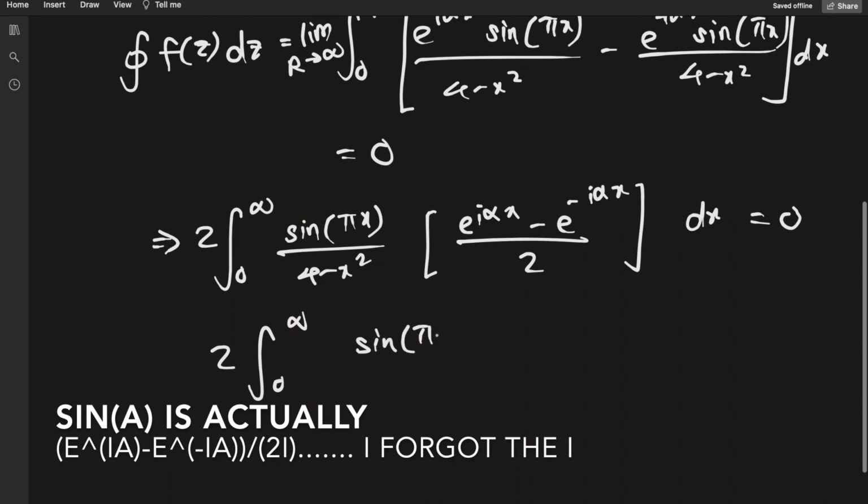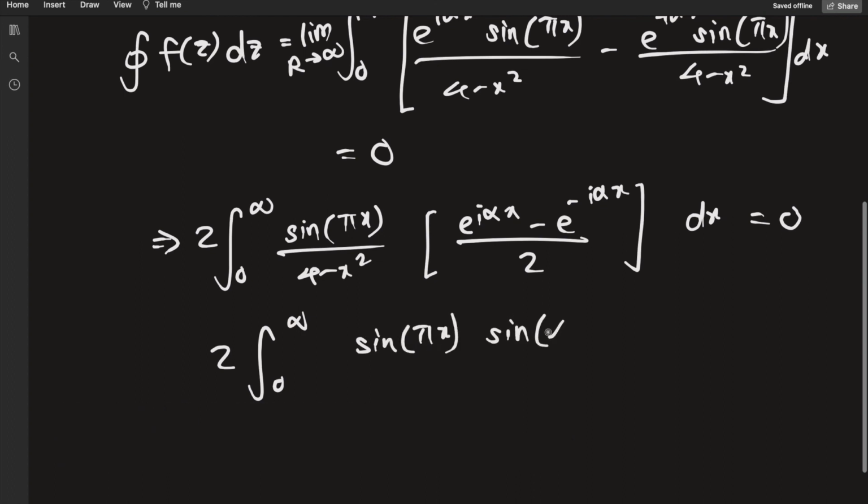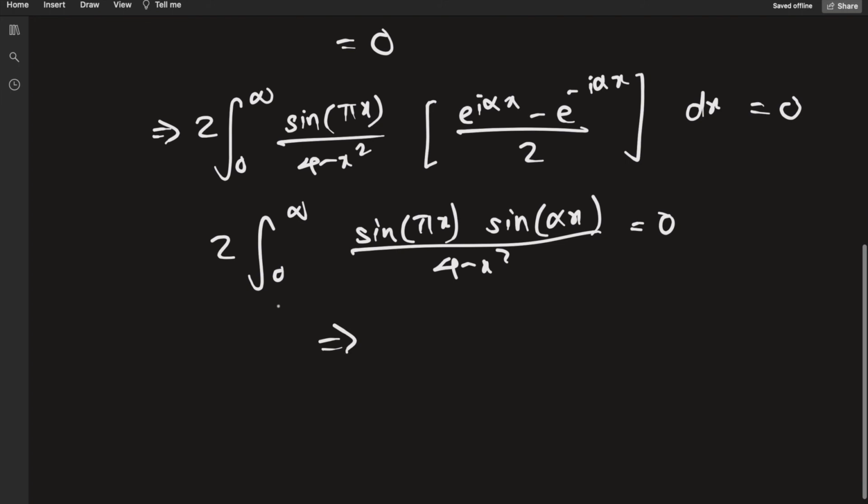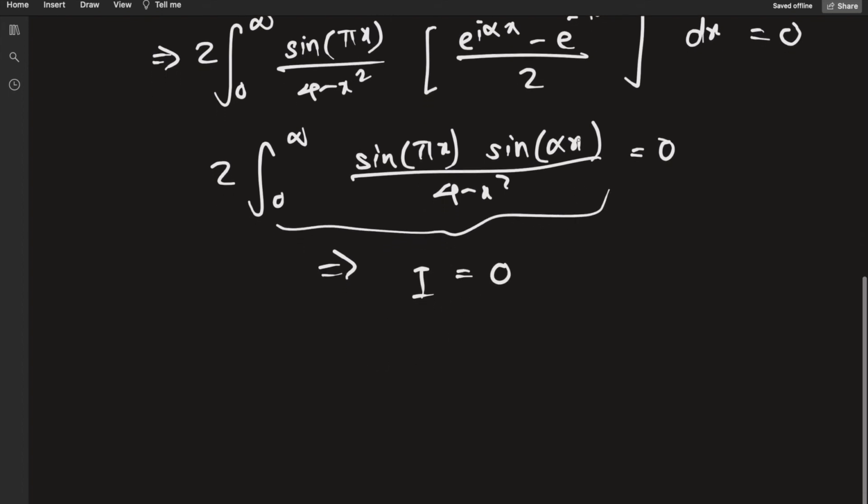So we have sine of pi x, sine of alpha x divided by 4 minus x squared is 0, which means, and this guy, leave the 2, we can forget the 2 because there's a 0 here. This guy precisely is I. I is 0. Well, I was when alpha is 5, we can just show that for any arbitrary alpha this is 0. So obviously for alpha equals 5 this holds.